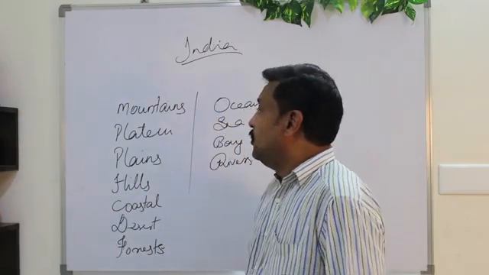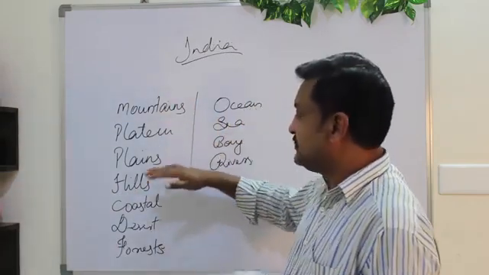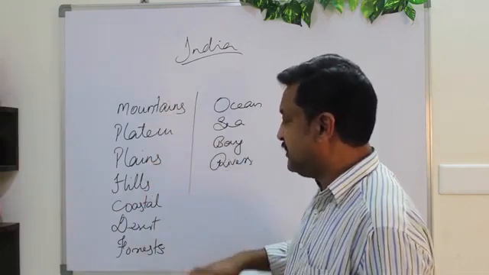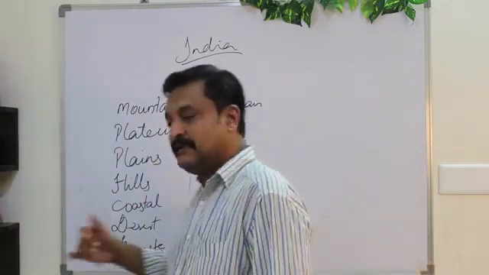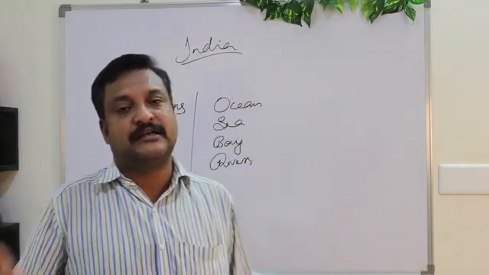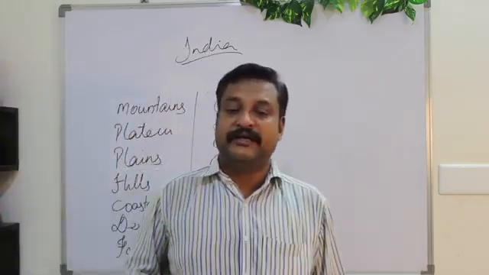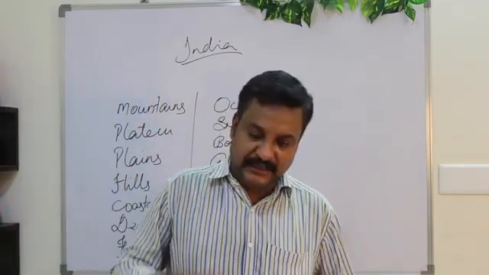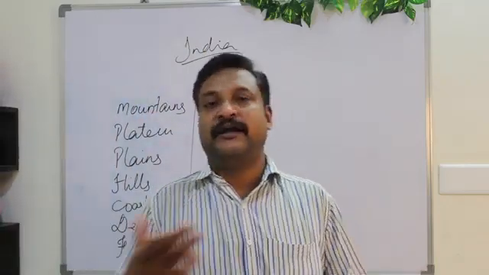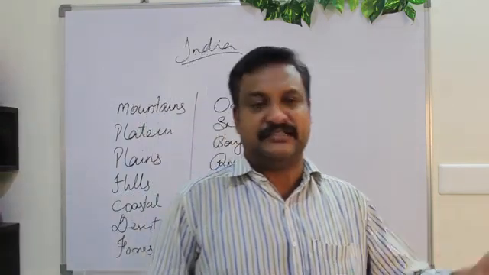Okay, so mountains, plateaus, plains, hills, coastal regions, deserts, forests, oceans, seas, bays, rivers, lakes, all these kinds of things help in deciding the physical features of India. Means, India can be divided into different physical regions.